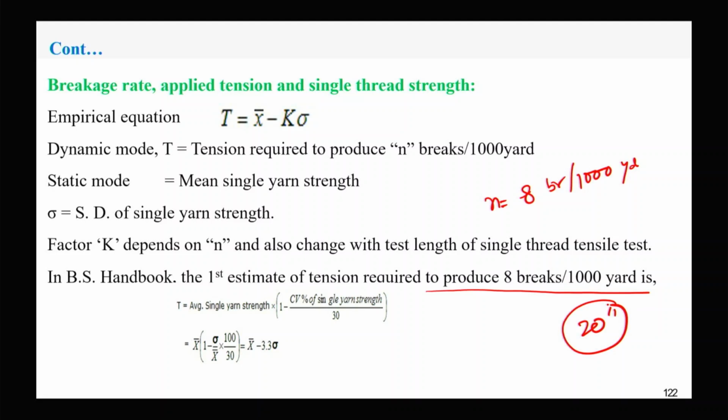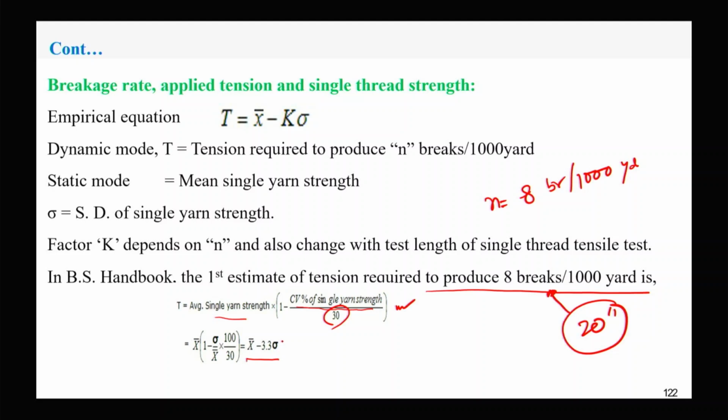If the test length is 20 inch and it produces 8 breaks per 1000 yard, then this relationship will be there, where tension required T equals average single yarn strength, static strength, multiplied by 1 minus CV of single yarn strength by 3.3. By rearranging this equation, we get x bar minus 3.3 sigma.